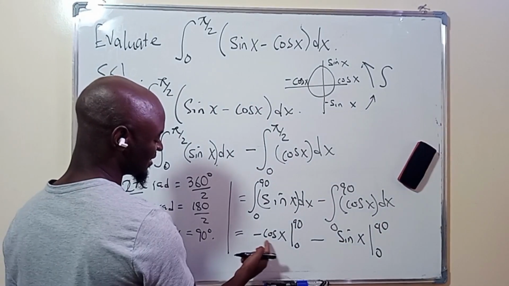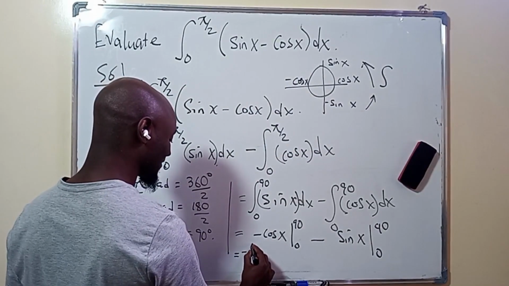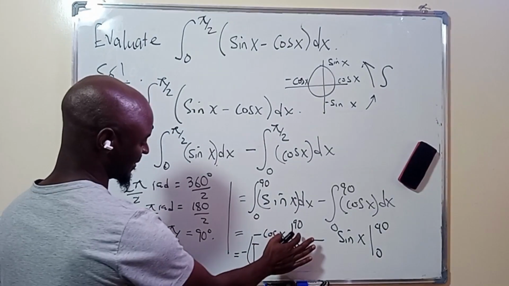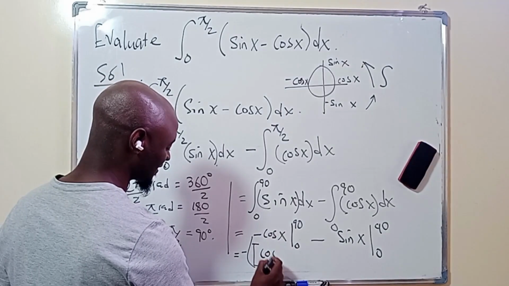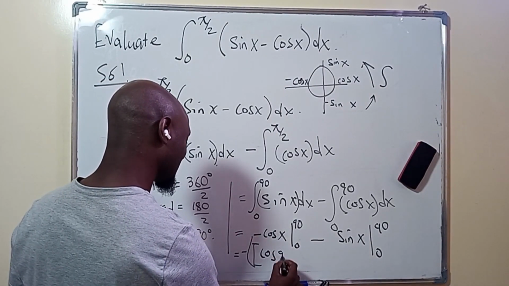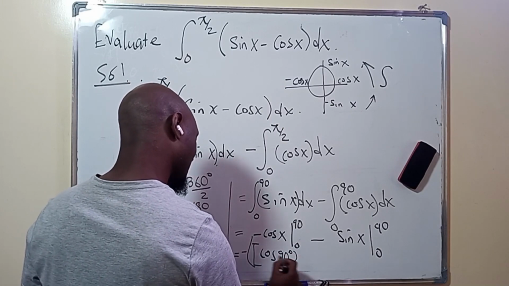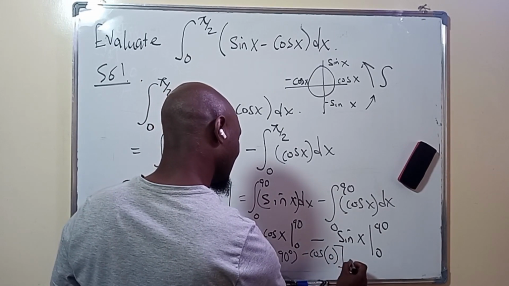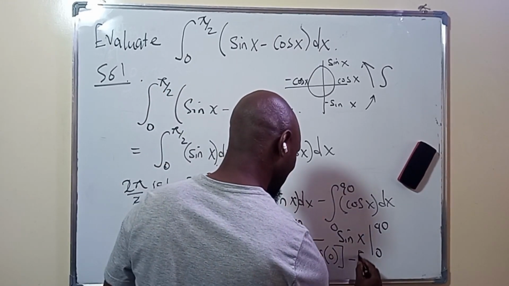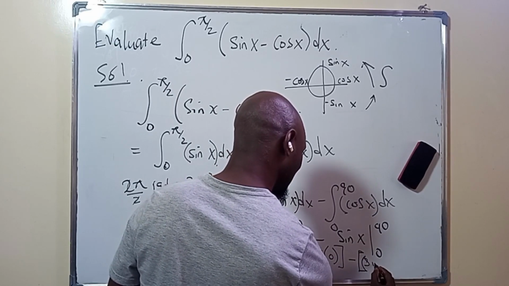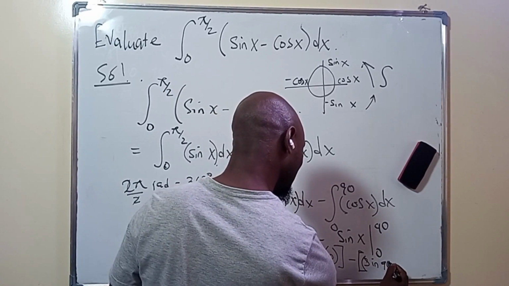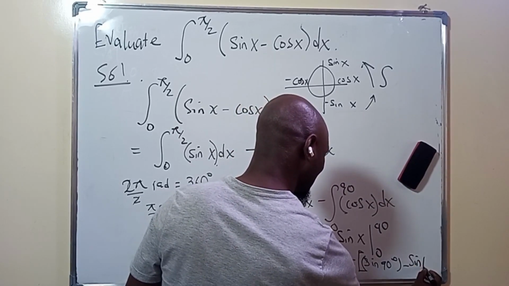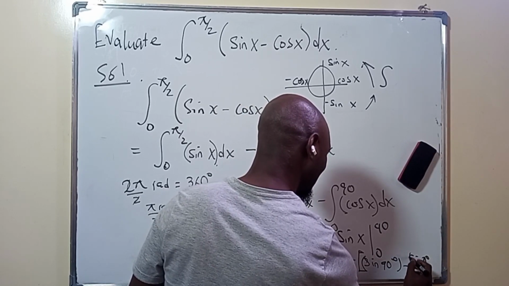So we need to find minus cos 90 degrees minus cos 0 degrees, then minus sine 90 degrees minus sine 0 degrees.